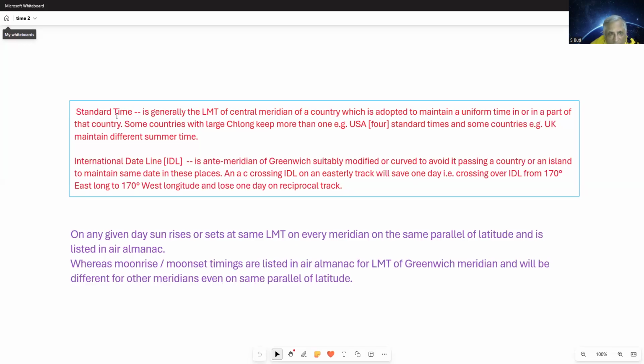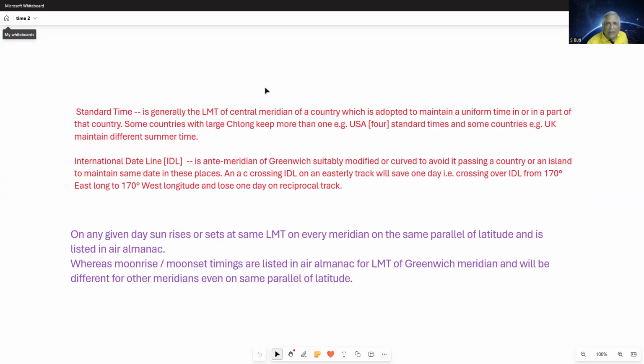Some countries which have an east-west spread, a lot of change of longitude, maintain even more than one standard time. USA, for example. And some countries, to cater for daylight hours, when the sun is in the northern hemisphere and you are in the northern hemisphere at a higher latitude, your daylight hours are much more than 12 hours.